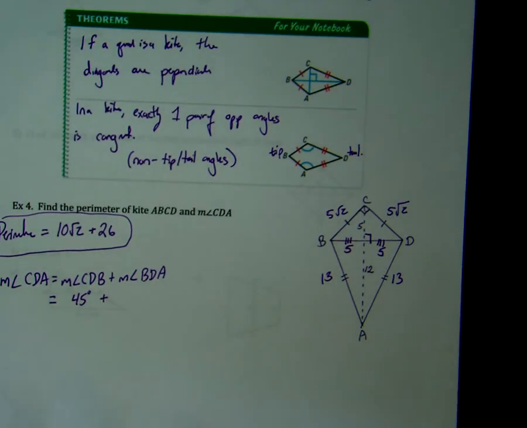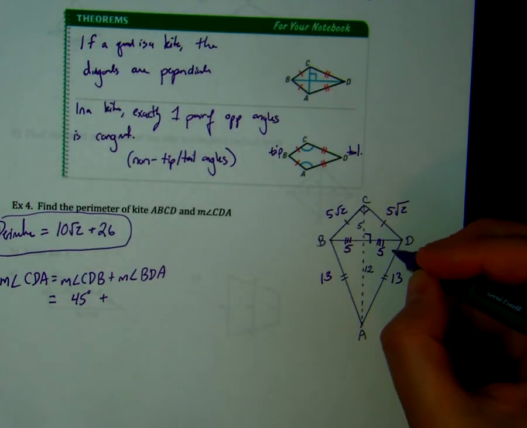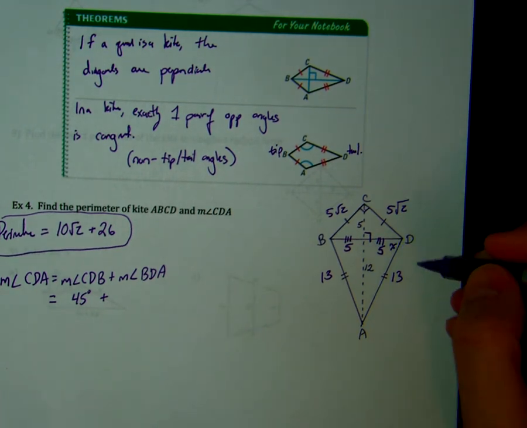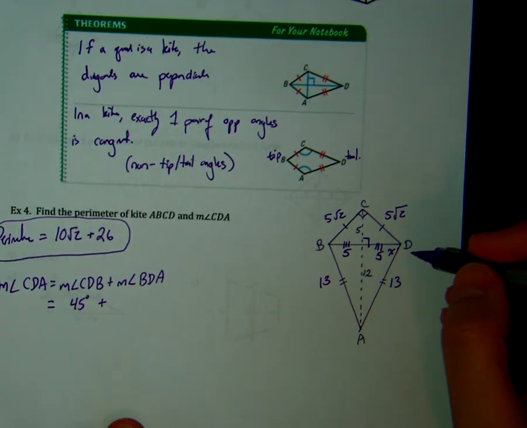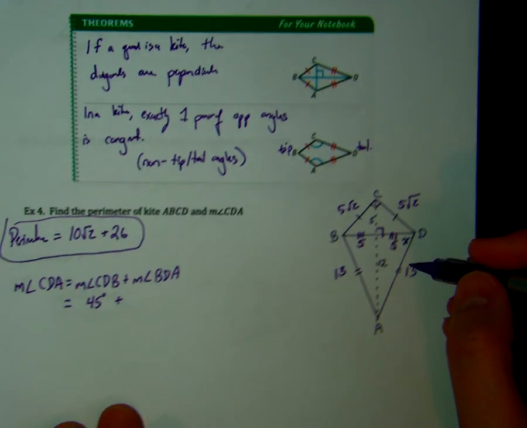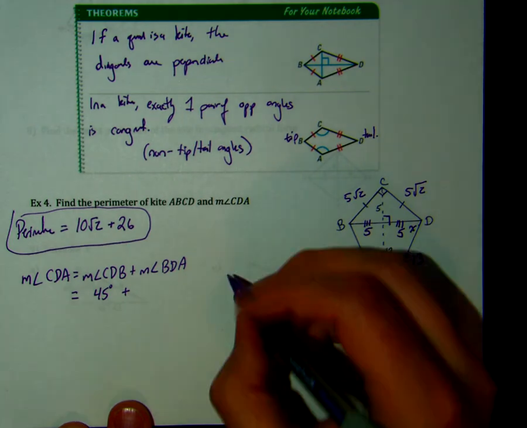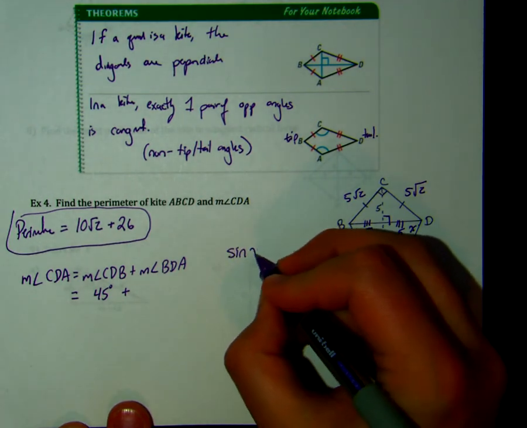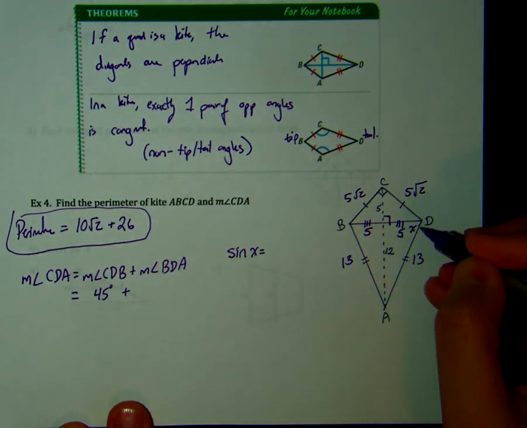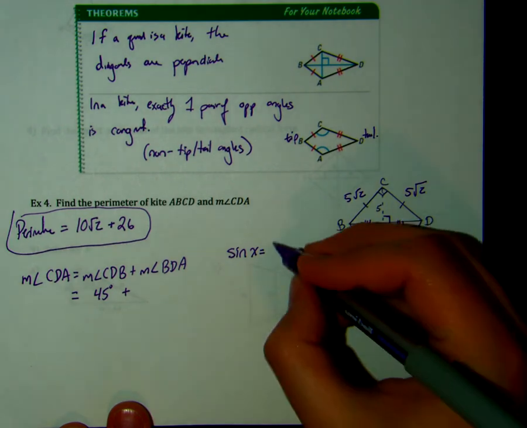And the measure of angle BDA, this angle in here, I don't really know what it is, but I could find it using inverse trig because I know the sides of this triangle here. So for instance, the sine of that angle is the opposite side over the hypotenuse, so it's 12 over 13.